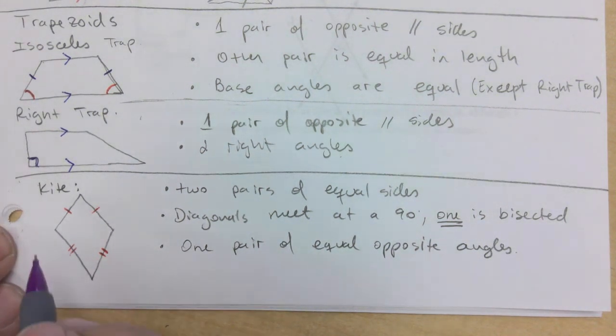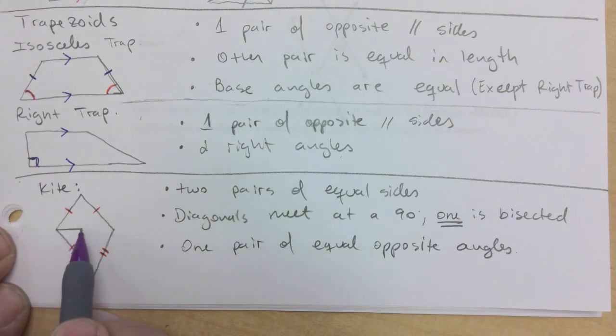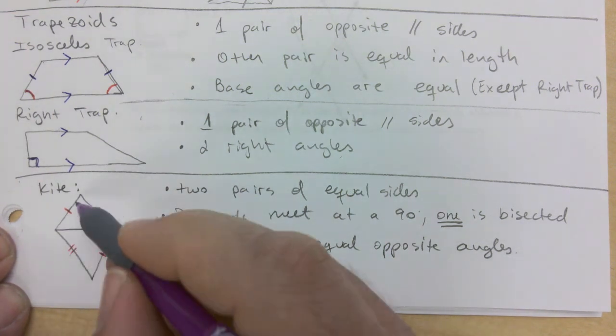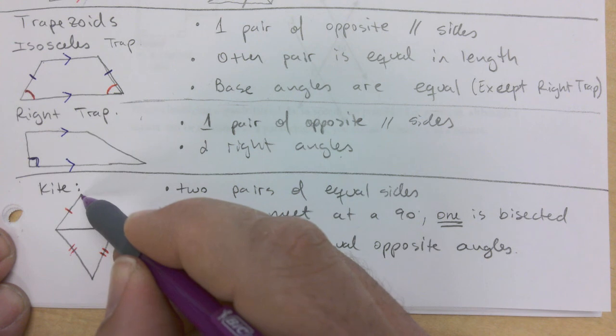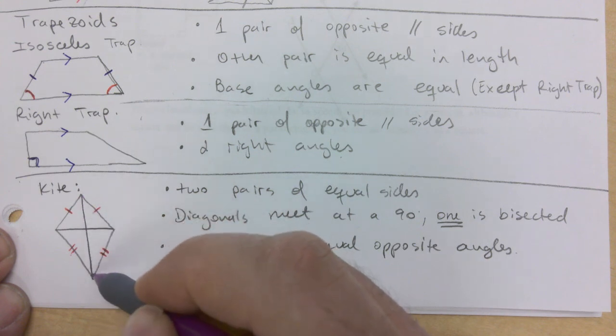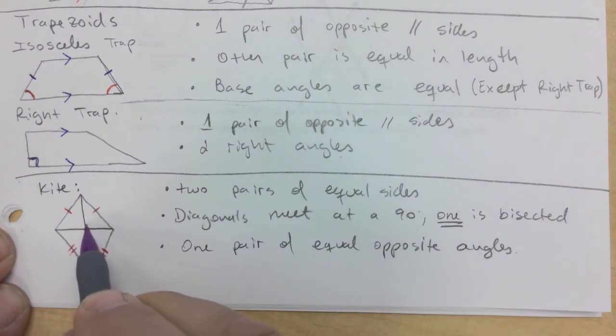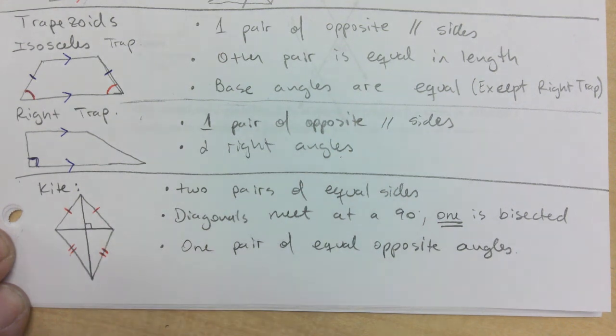This diagonal here meets the long diagonal here at a 90. So that's important to remember, that they meet at a 90. Only one of them is bisected, so I'm going to use a different color.